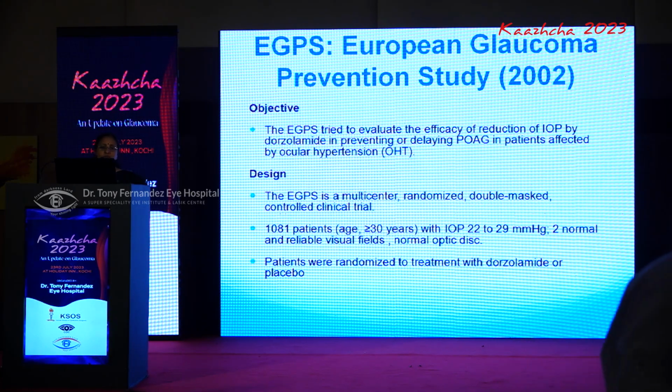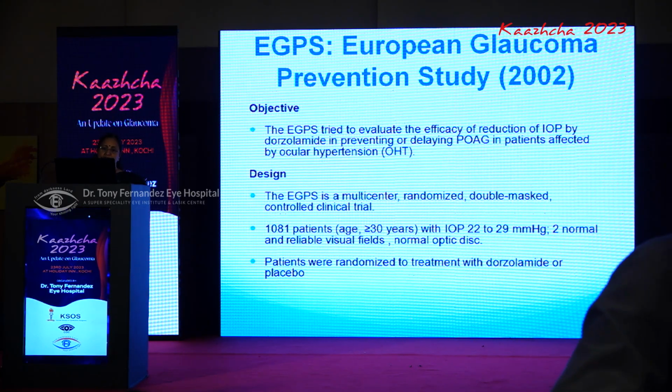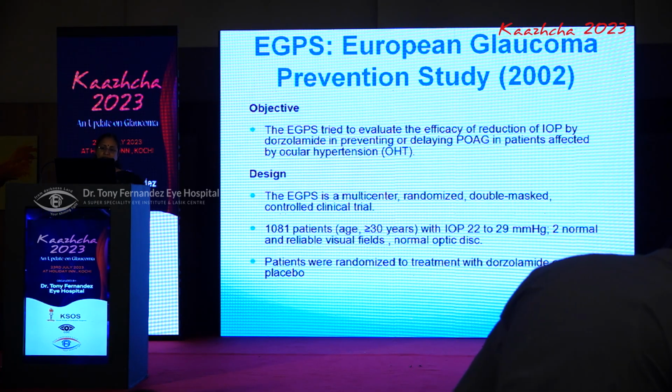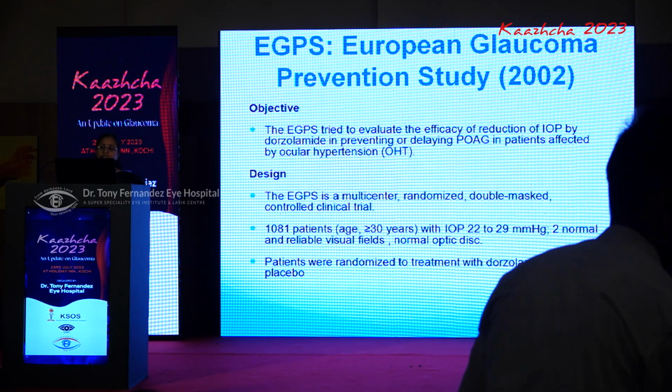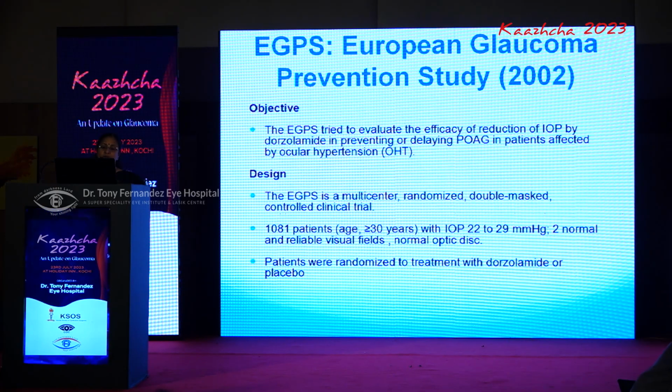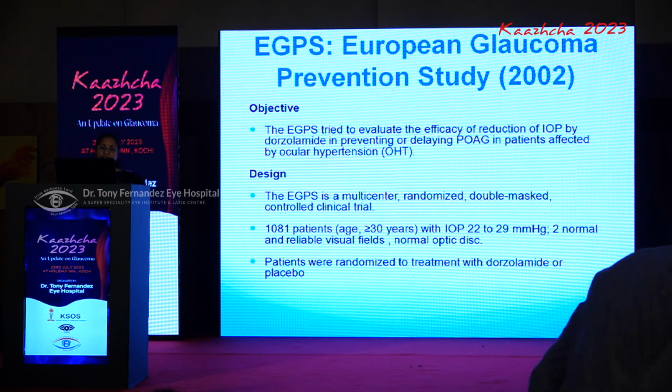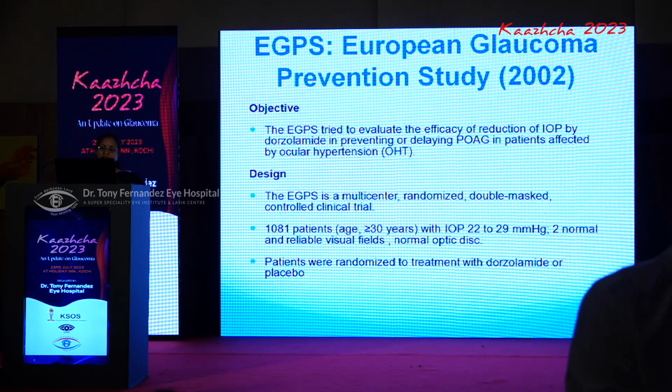A few words about the European Glaucoma Prevention Study, which tried to evaluate the efficacy of reduction of IOP by dorzolamide in preventing or delaying POAG in patients affected by ocular hypertension. It was a multi-center randomized trial with 1,081 patients from 18 European centers.